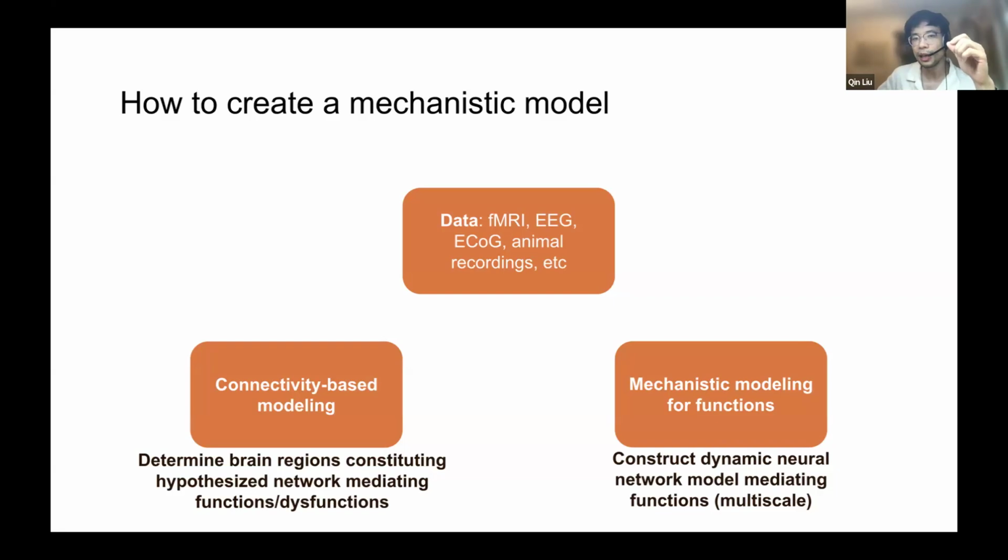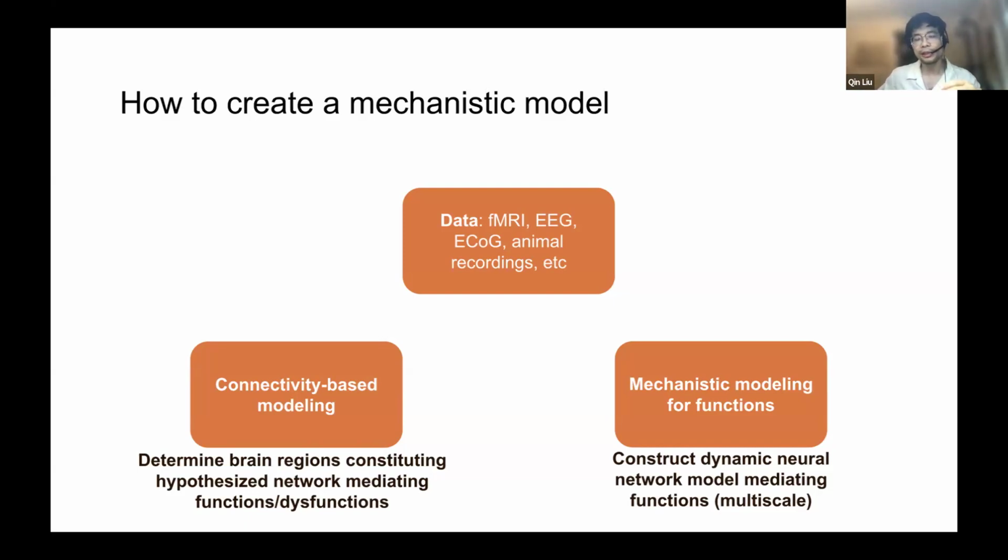So first, we need to have data because we are in the field of neuroscience. We always need data. So we can have fMRI, EEG, ECoG, and sometimes we can have animal recordings as well because they have better resolution. And then with this data, the first thing we can do is connectivity-based analysis and modeling.